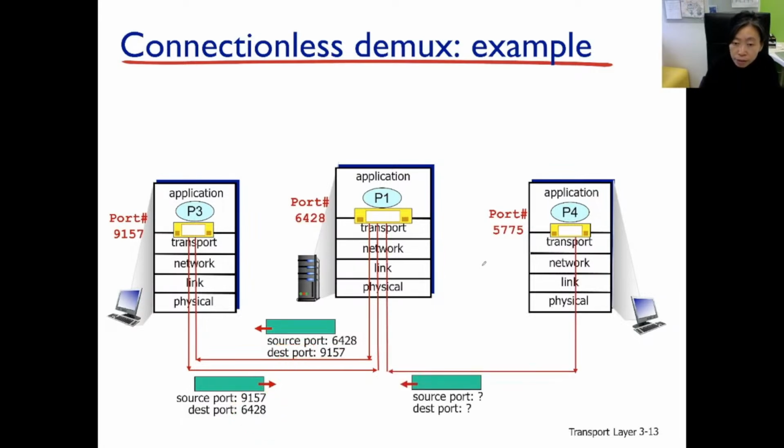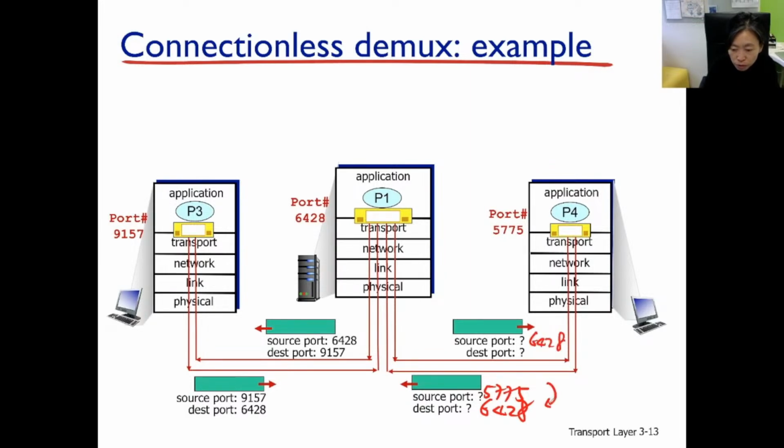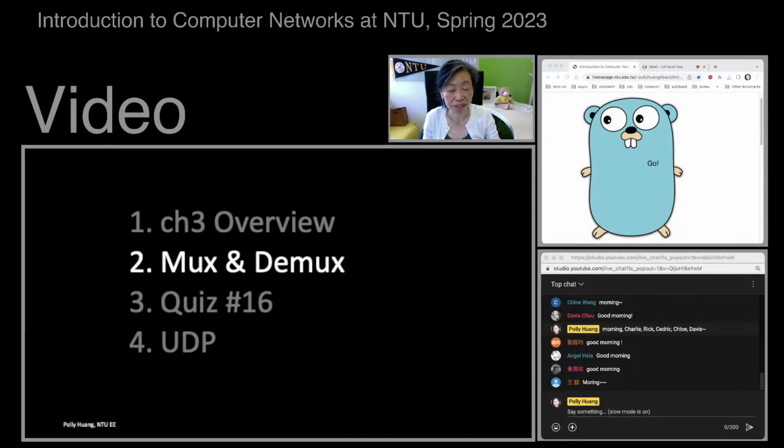Now, if there's another request coming from P4, what is going to be the source port number? Yep, 5775. And the destination? Yeah, the server's port number. It's probably not hard. The returning messages back to P4 have source 642A, essentially the reverse of these two port numbers. So that is connectionless demultiplexing.